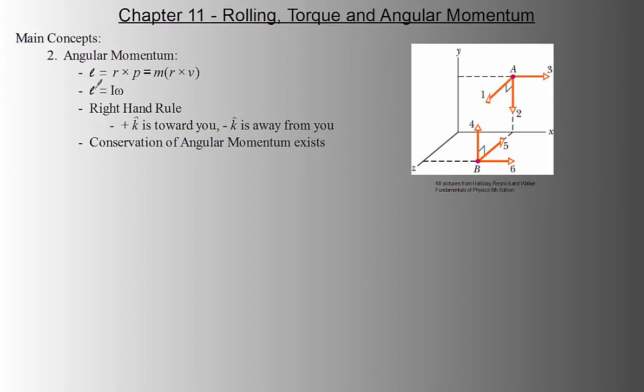But first off, just like regular momentum, p was mass times velocity, angular momentum, script L, is rotational mass, I, times rotational velocity, omega.